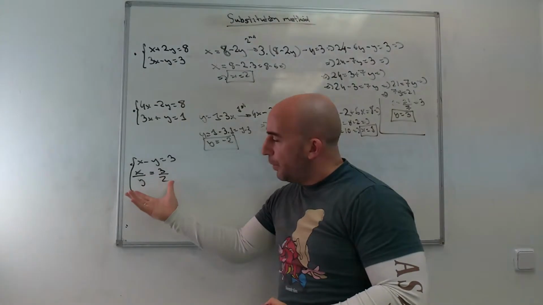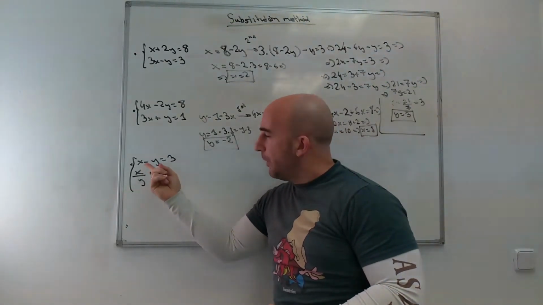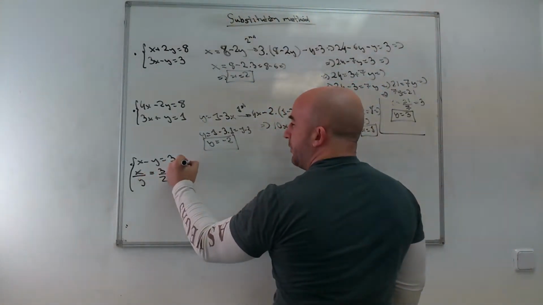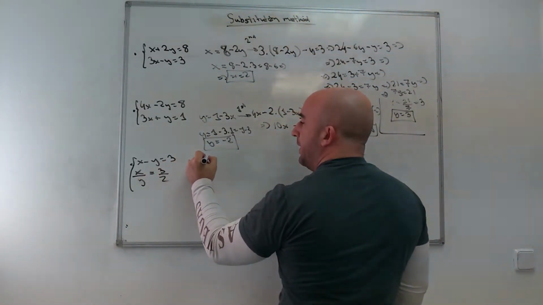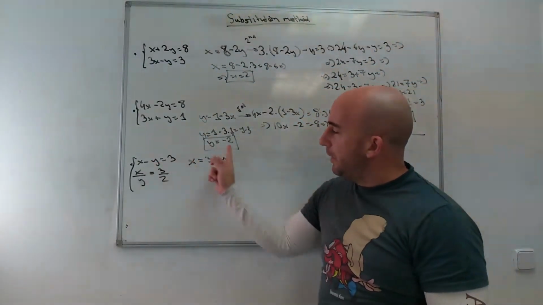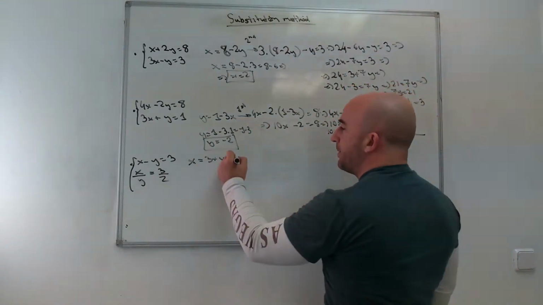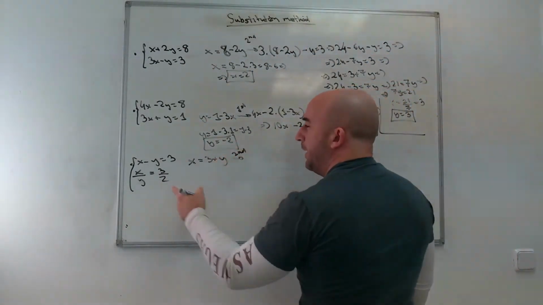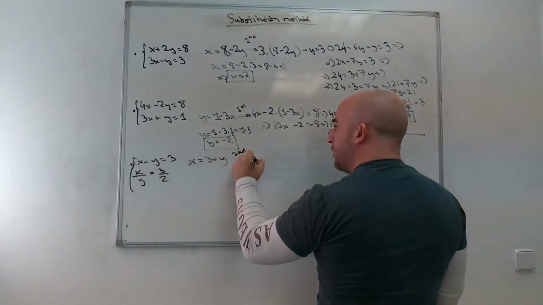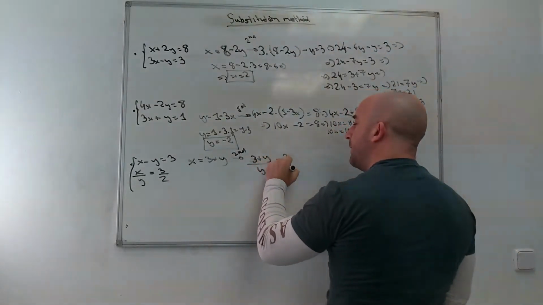If you see this, which one would you solve? Well, the easiest one is the first equation, and we can solve as y is negative. It's really straightforward to just say x equals 3 plus y. Okay? I'll just move it to the other side with a plus sign. Okay, so I'll substitute on the second equation, and you get x. x was 3 plus y, so (3 plus y) divided by y equals 3 halves.